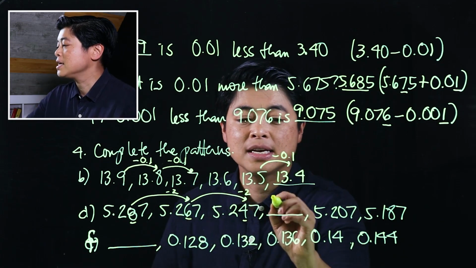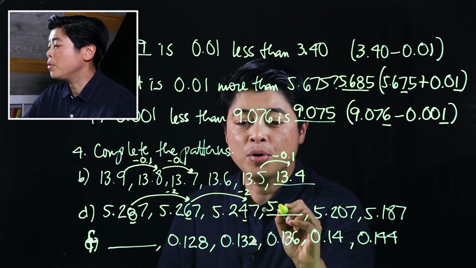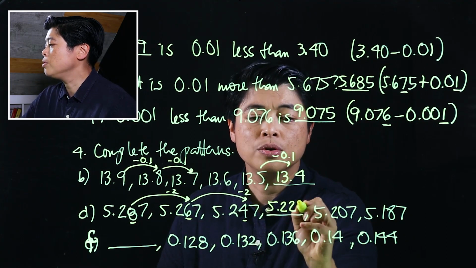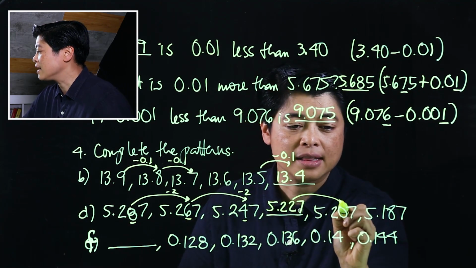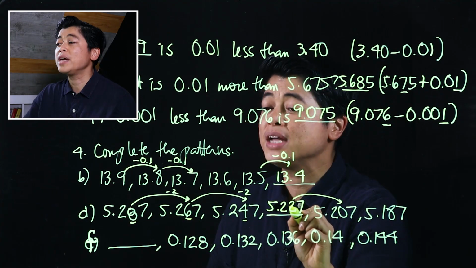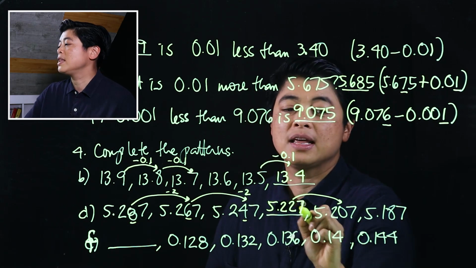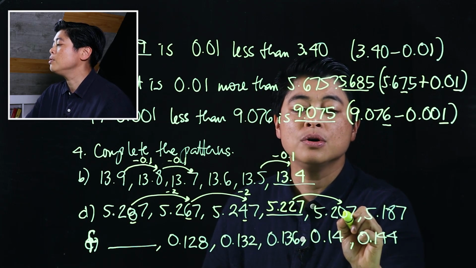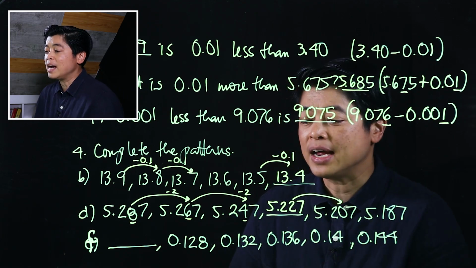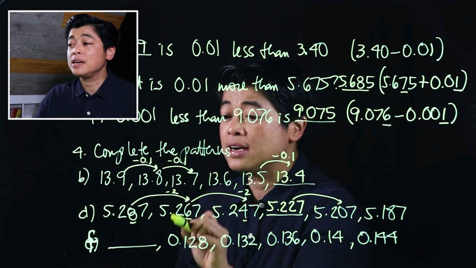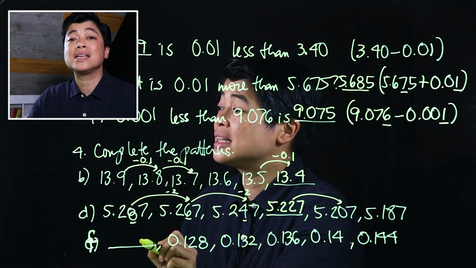Which means this stays 5.227. And to confirm, I take that and minus again 0.02, and that's 5.207. Confirmed.